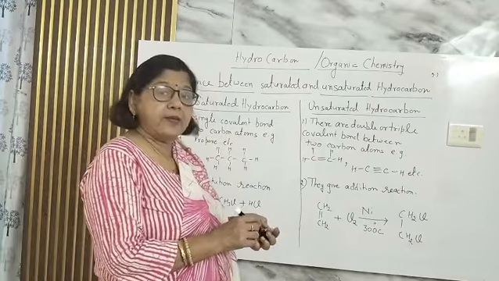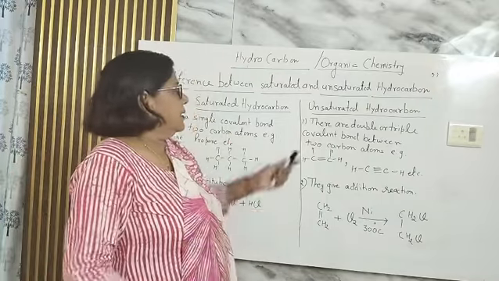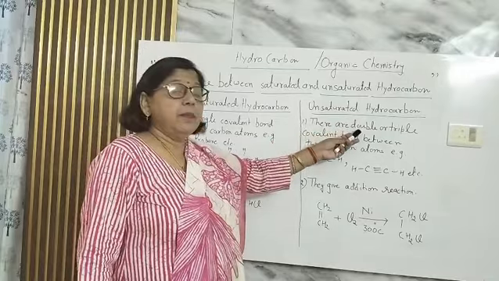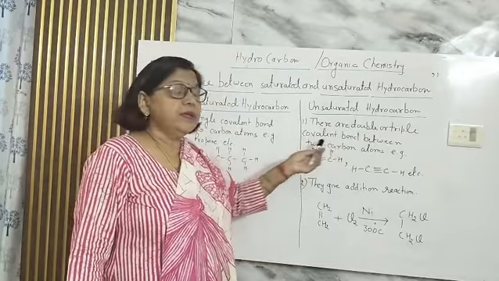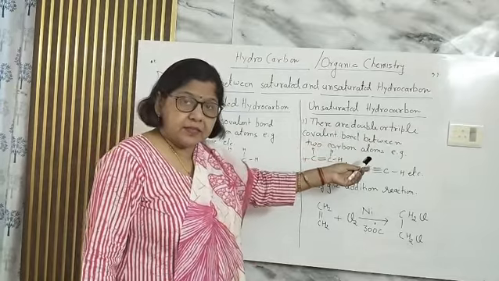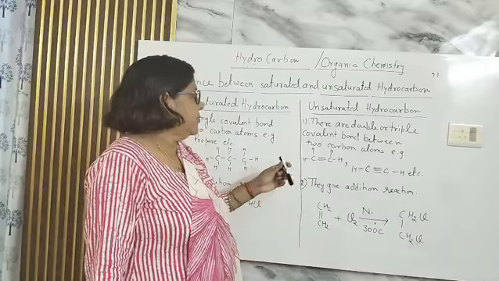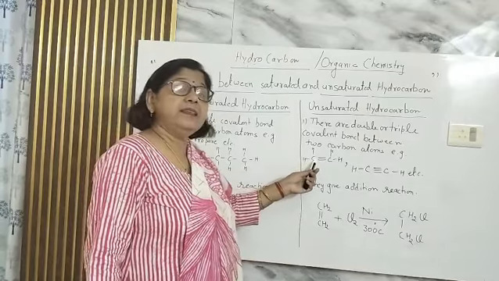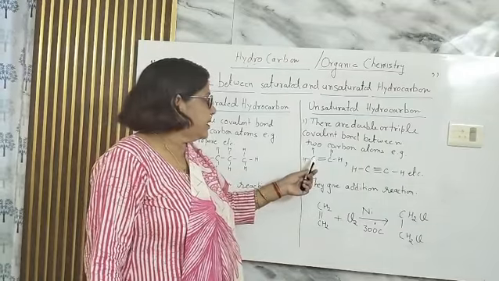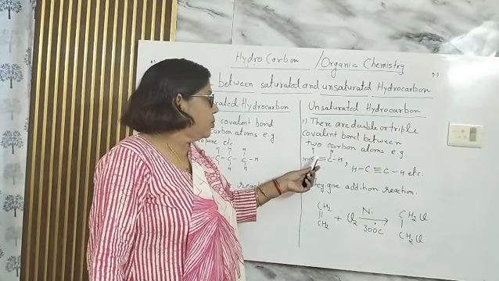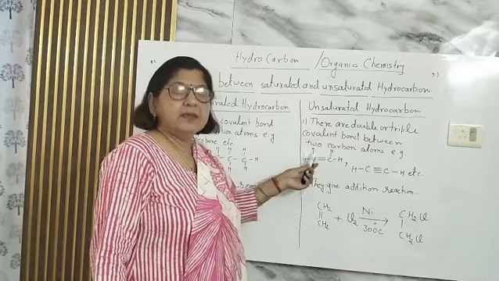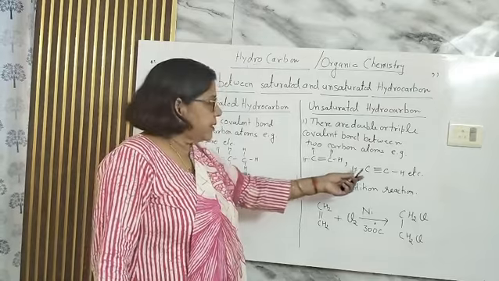Now, the unsaturated hydrocarbons are the compounds having a double or triple covalent bond between two carbon atoms. For example, if you see this molecule, this is ethene. There is a double bond between the two carbon atoms. This is ethene.